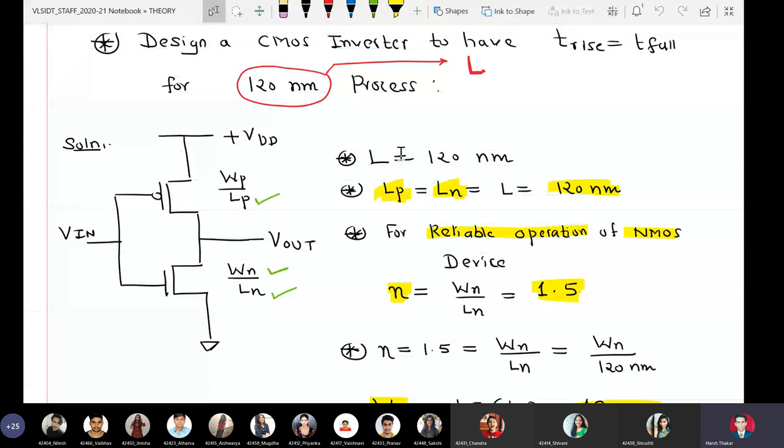So we have written certain equations here. Because it is 120 nanometer process, L is equal to 120 nanometer, LP equal to Ln equal to L equal to 120 nanometers. So out of the 4 unknowns in this numerical, 2 unknowns are automatically given in the numerical.